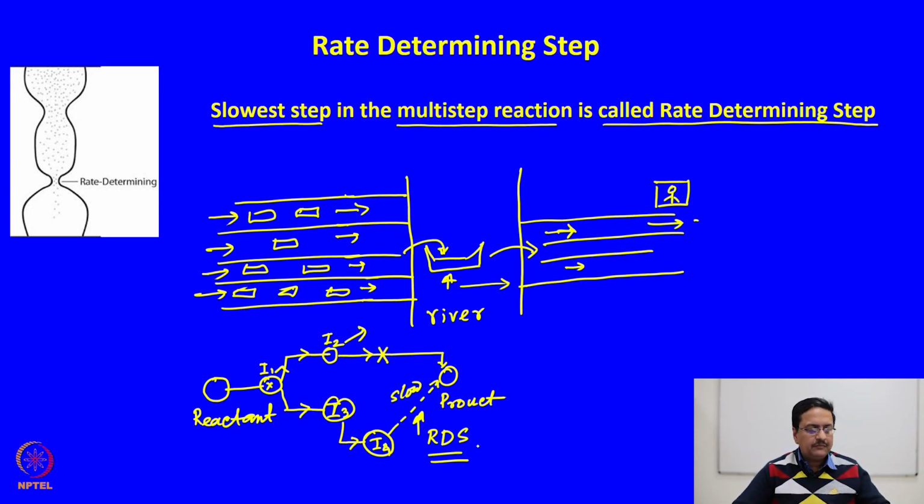So, in a multi-step process, it becomes very important to identify the slowest step of a particular reaction, and you need to try to improve the rate of that reaction, either by increasing the temperature or pressure or some other external factors.